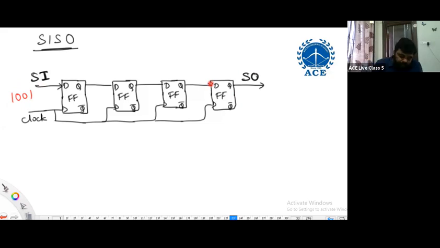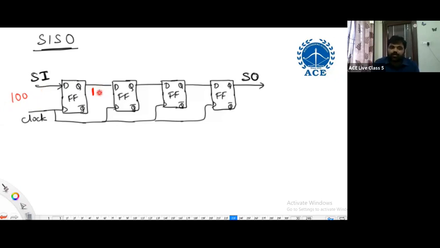Understand correctly? Listen carefully. At the first clock edge occurrence, I am feeding the first bit of information. After the first clock cycle, the output of the first flip-flop becomes 1, because I am applying that first bit 1.